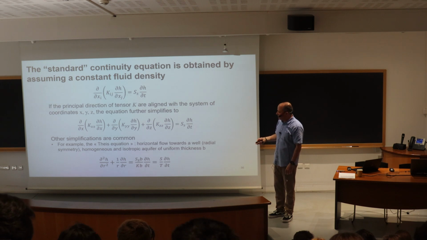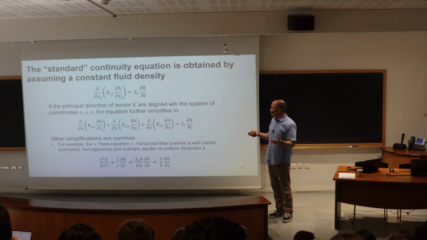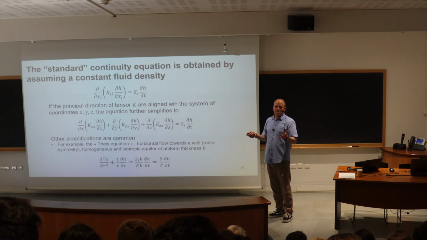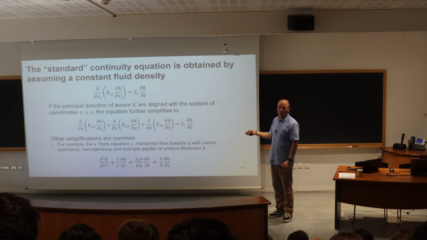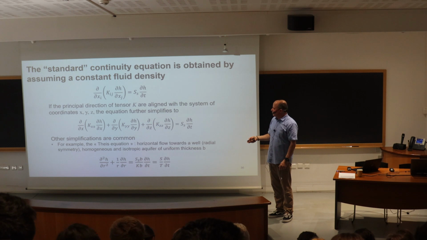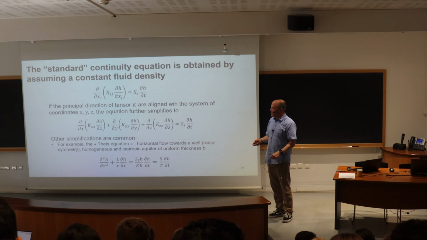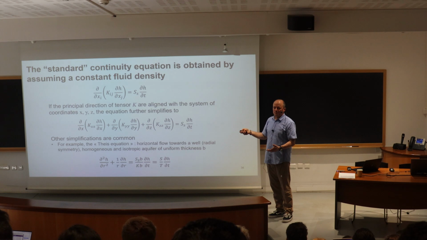And finally, this equation can be further simplified for a whole lot of different applications. You can simplify it by saying now I have steady state flow. The temporal derivative term here would go to 0. If you have flow in the x and y direction only, there's no variation of hydraulic head along the z. The third term here becomes 0. If the system is homogeneous, you could say that kxx is equal to kyy, homogeneous anisotropic.